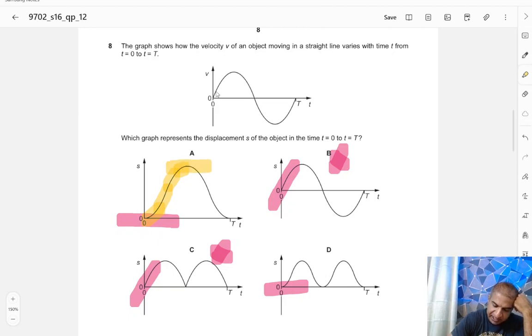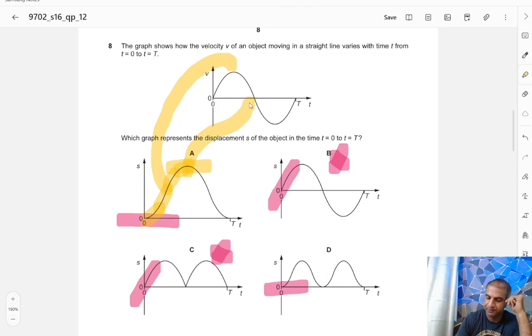So it makes sense. Gradient increasing to a maximum value, and then the gradient becomes 0. So this is actually this position over here. So it matches.